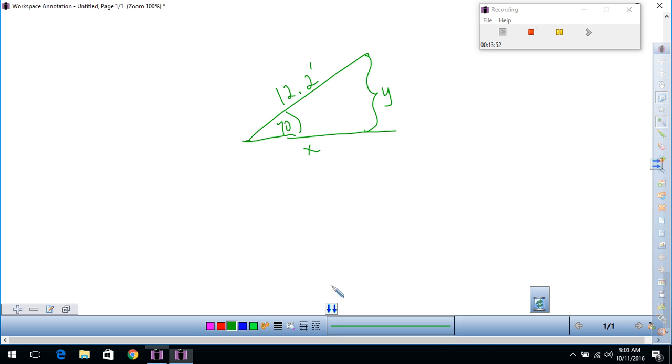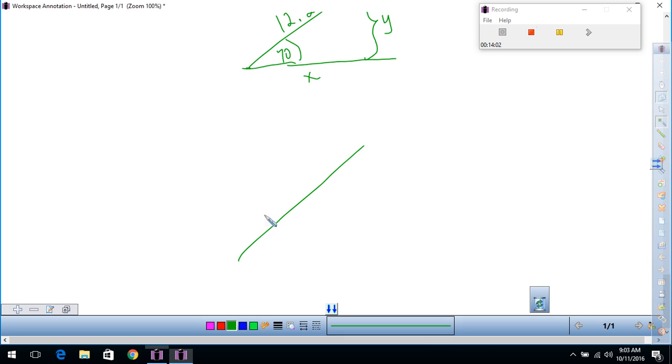Alright, a gondola ski lift at Keystone, Colorado is 2830 meters long, 14.6 and so on. So again, here's the gondola, 2830 meters long. It tells us that it makes an angle of 14.6 degrees above the horizon.